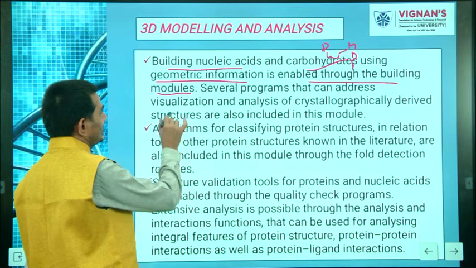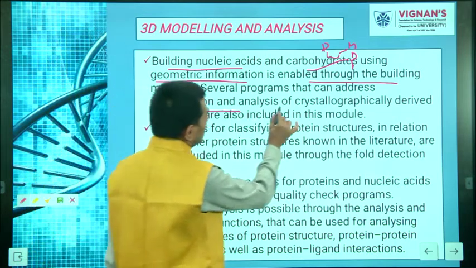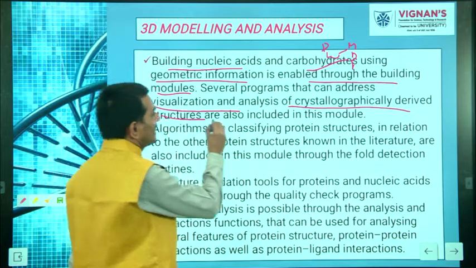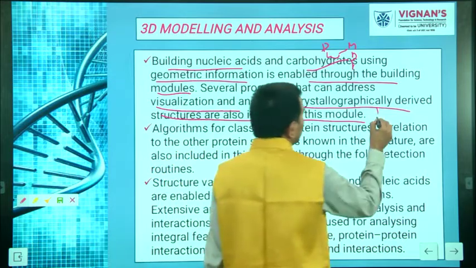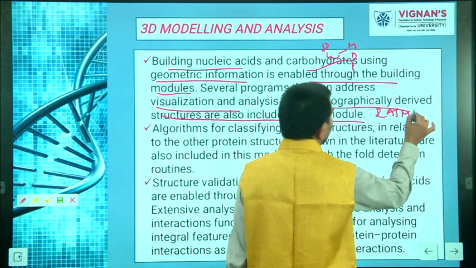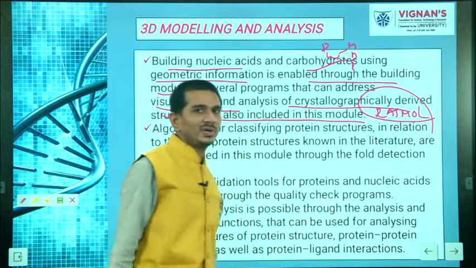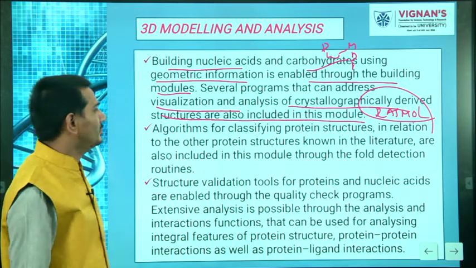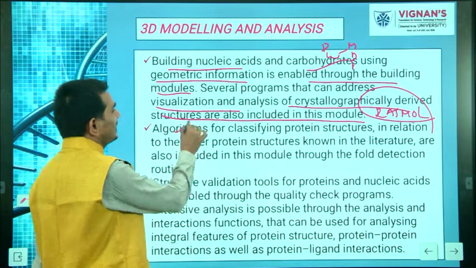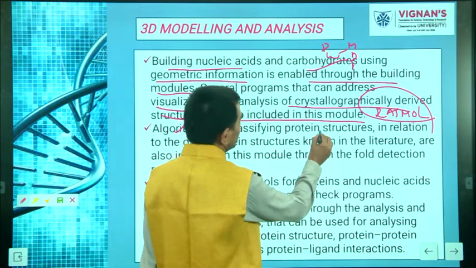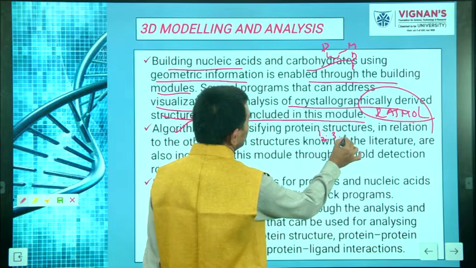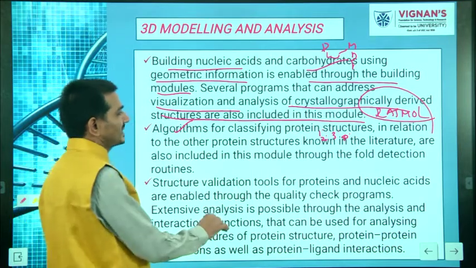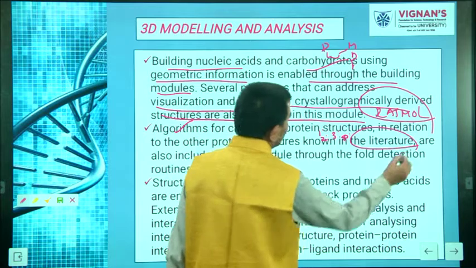And there are several programs that address visualization and analysis of crystallographically derived structures, which are also included in this module. Here RASMOL is one tool which is mainly meant for visualizing the three-dimensional structures of biological macromolecules like protein. And we have algorithms for classifying protein structures as primary, secondary, tertiary and quaternary in relation to other protein structures known from the literature database.